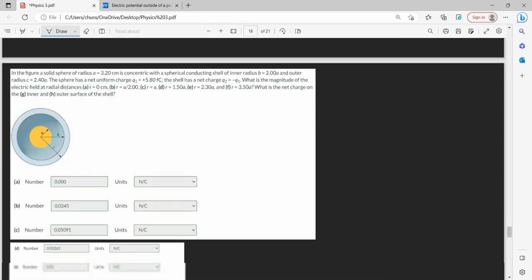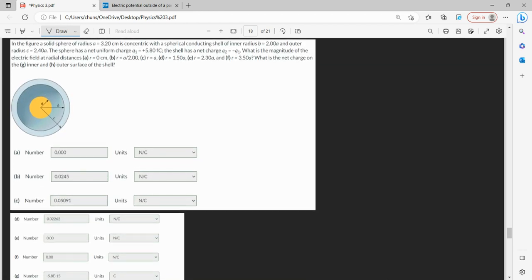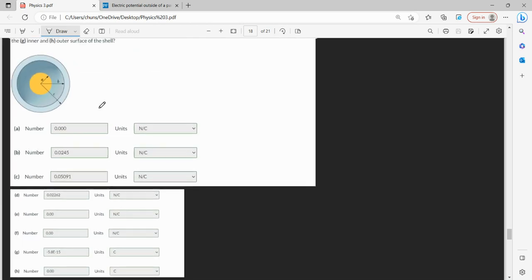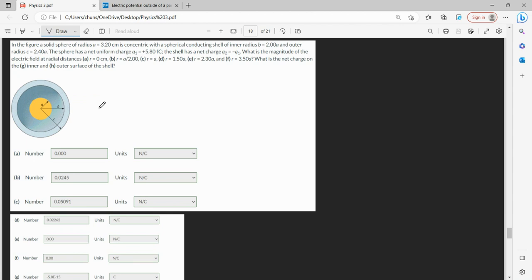Okay, and our last question is kind of similar to our coaxial rod and shell in terms of principles of what is being enclosed and how charge behaves in conductors and insulators.